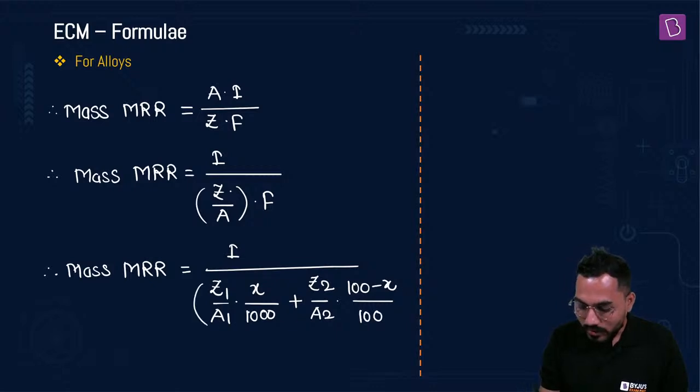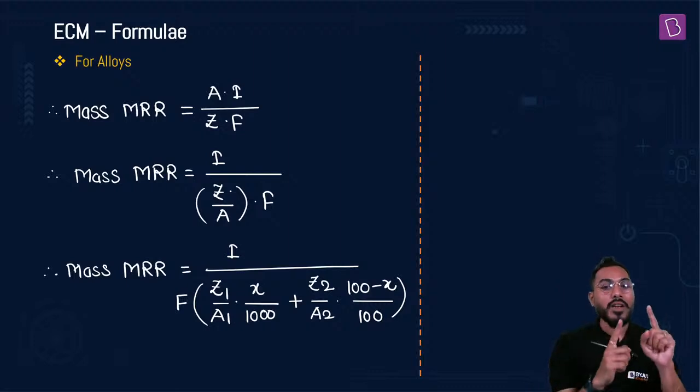This is the weighted average, multiplied by Faraday's constant F. So this is the formula we have to use.